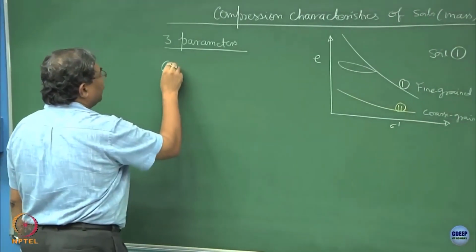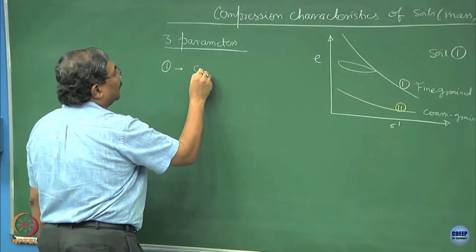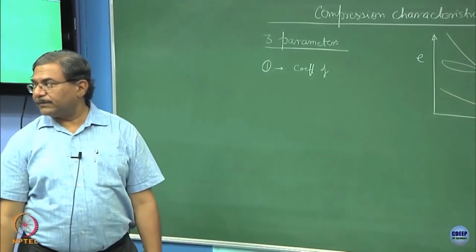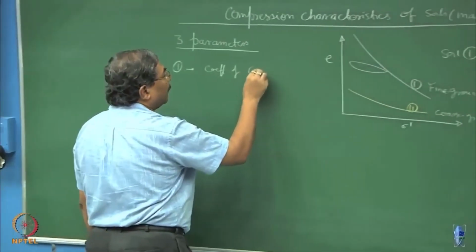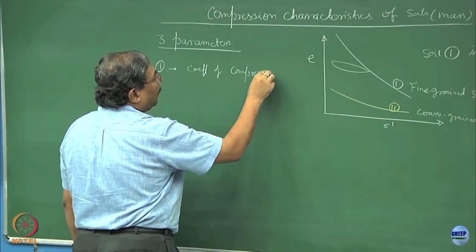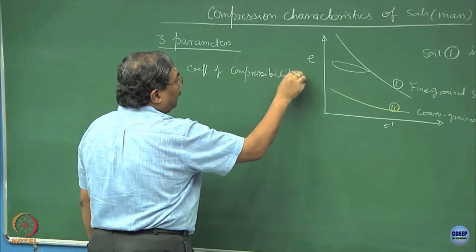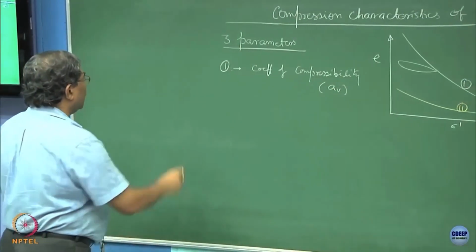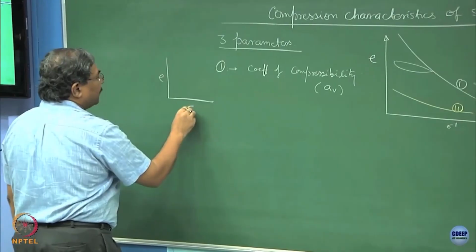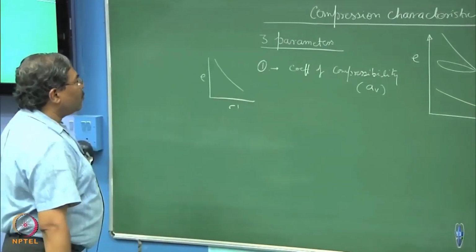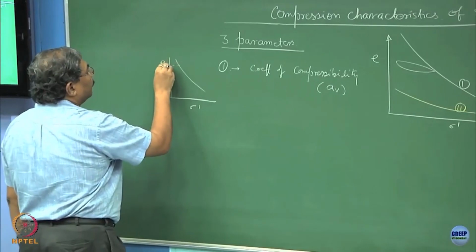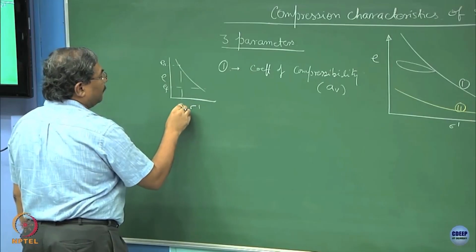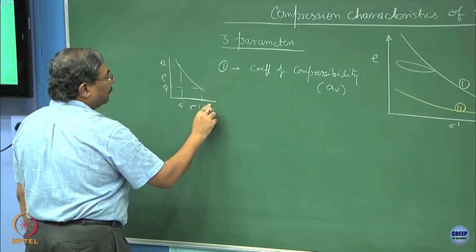The first one is known as coefficient of compressibility. This is defined as av. Now, if I plot e versus sigma prime, and this is the compression curve, starting from e naught you get to ef, and this is sigma 1 prime, sigma 2 prime.